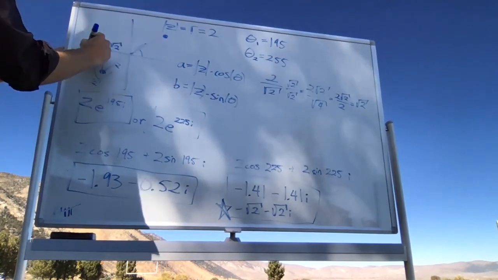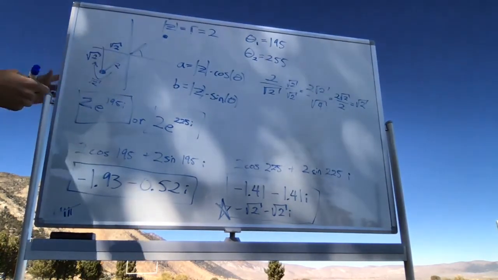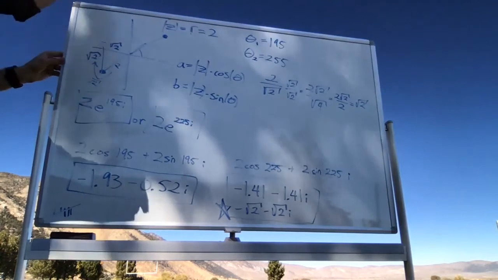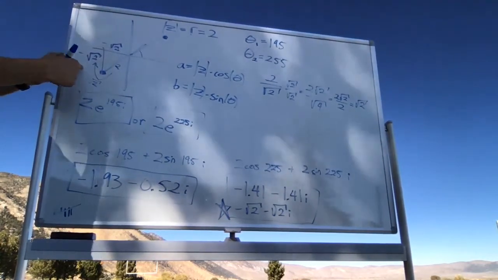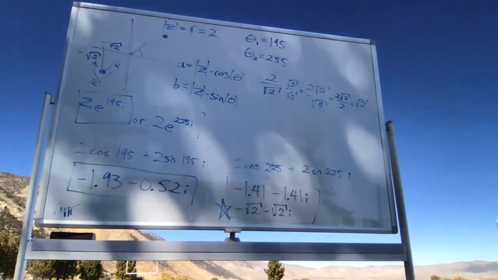I went left, so it should be a negative, and I went down, that should be a negative. It's negative root 2 minus root 2i, which is this answer down here. Whew. These problems are long and tedious.